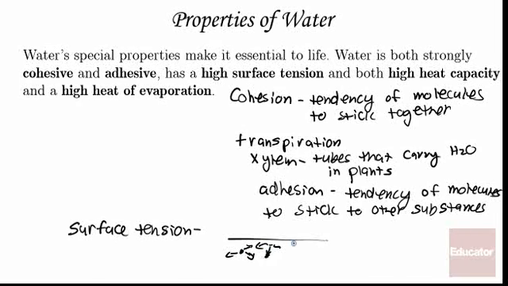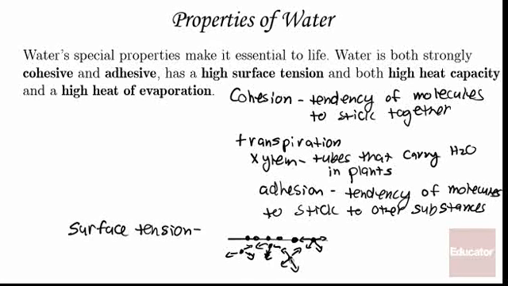Now, if you look at this surface layer, at the surface, these molecules are attracted to each other and the ones beneath, but there's no water molecules above. Therefore, their attractive forces are concentrated among fewer molecules.